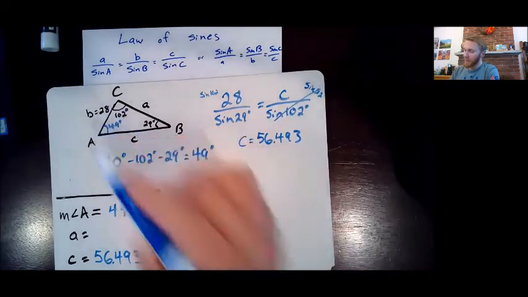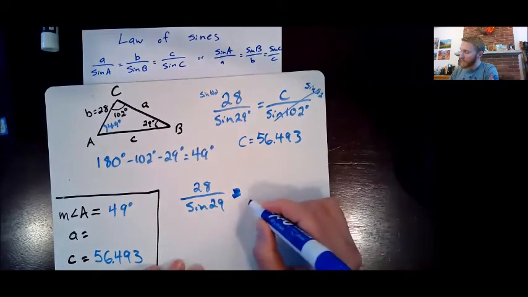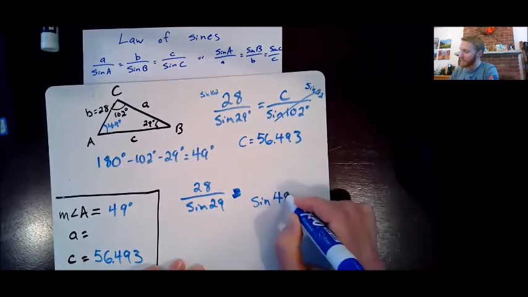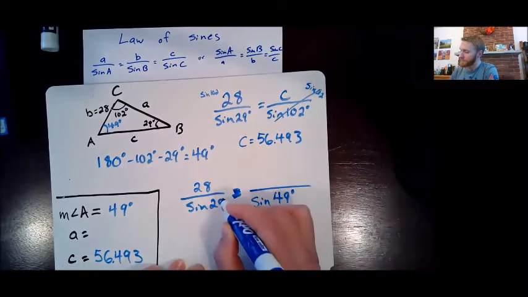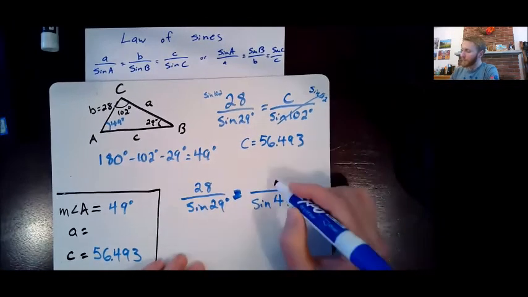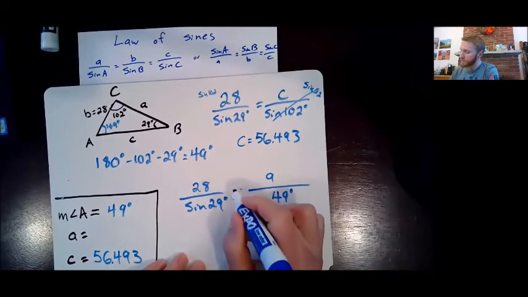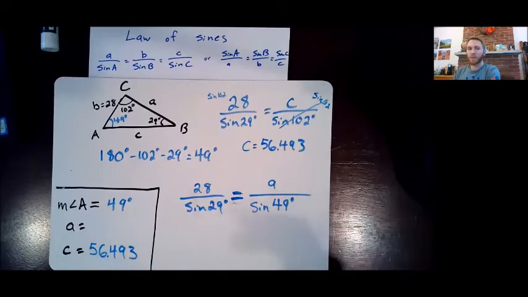Equals, now I'm going to relate it to A, so I'm going to put sine of 49 degrees, the angle that I found, over A. From here, you're going to do the exact same process.